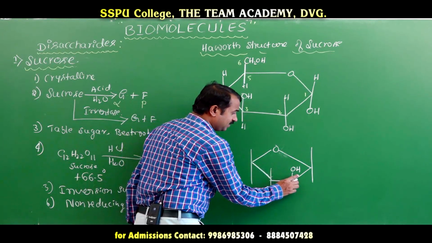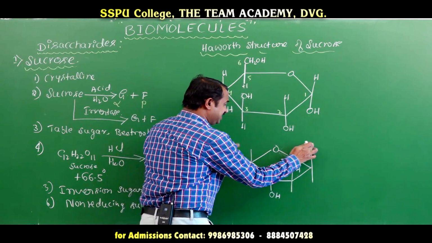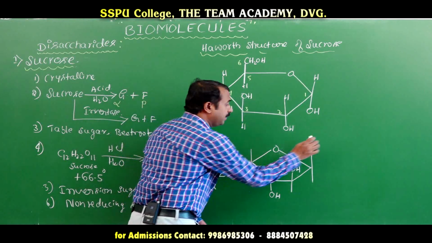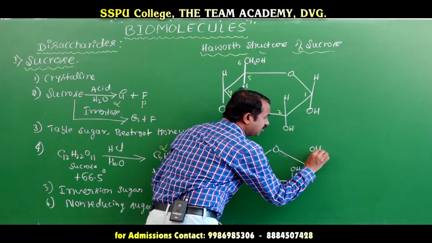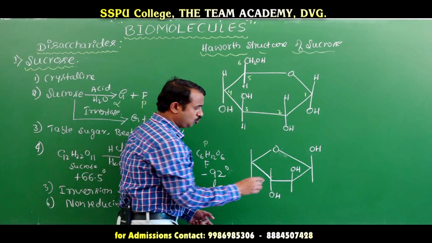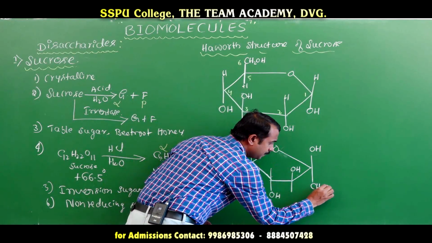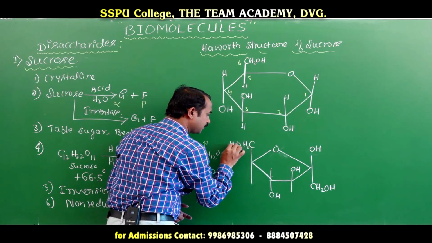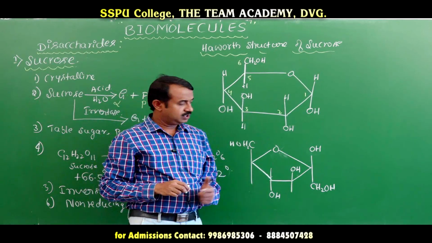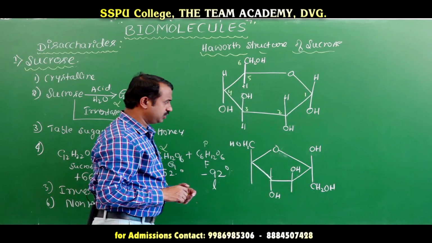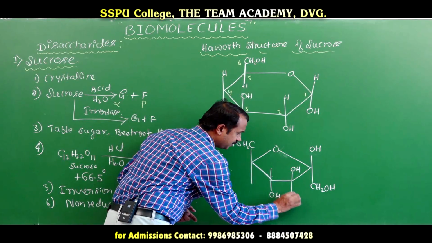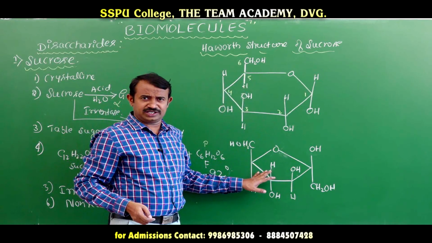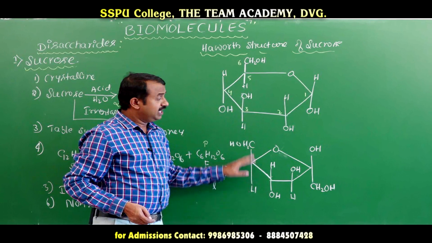Here CH2OH is alpha, but for beta, the hydroxy group is on the other side, with CH2OH here and here also CH2OH, and the opposite is H. This is a two monosaccharide unit.